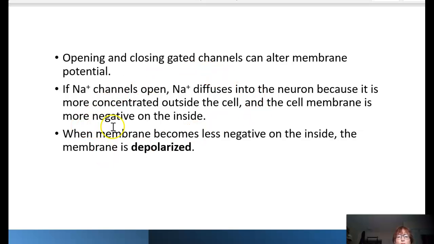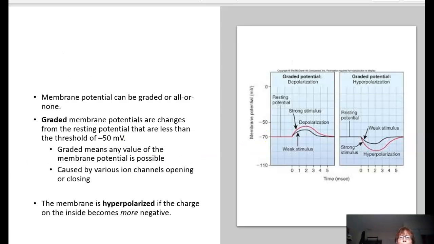So this talks about just what I said there. This idea of becoming less negative is called depolarization. And we can see that it doesn't always necessarily lead to an action potential.